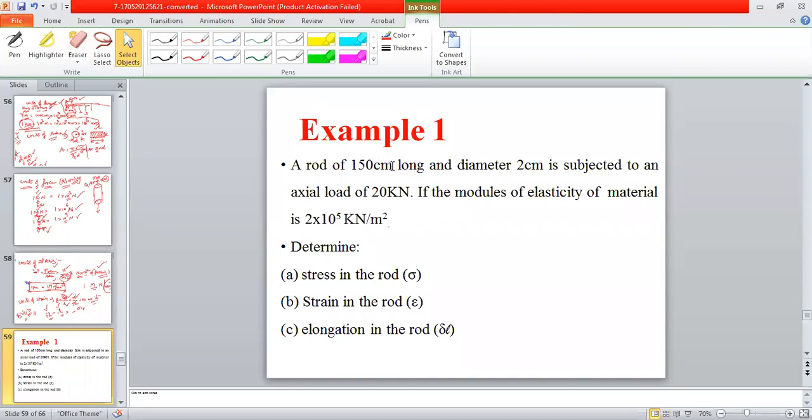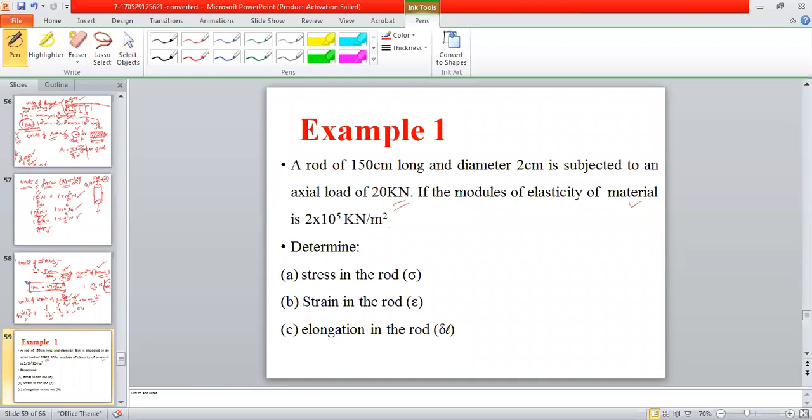The length of the rod is 150 centimeters, and the diameter of the rod is 2 centimeters, and it is subjected to an axial load of 20 kilonewtons. Therefore it is nothing but a load.